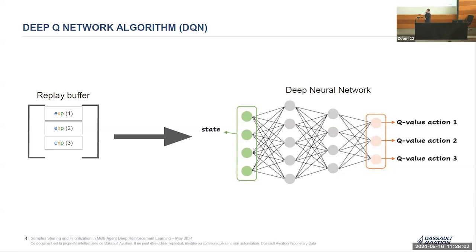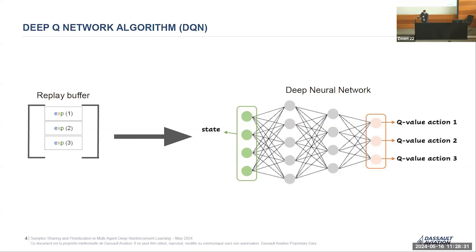So the DQN algorithm, let's focus on it, is made of a replay buffer that gathers all past encountered experiences collected by interacting with the environment, and a neural network that learns the expected behavior by sampling uniformly the replay buffer where everything can be found.